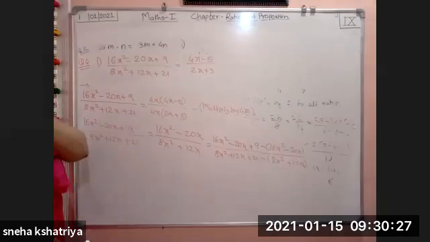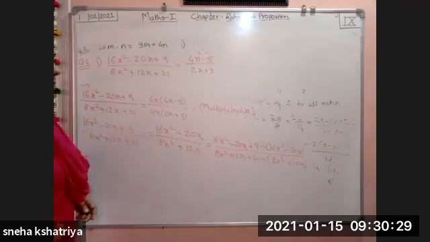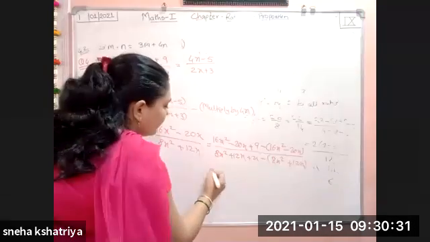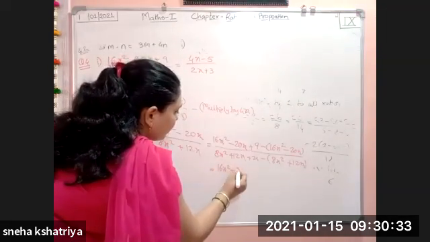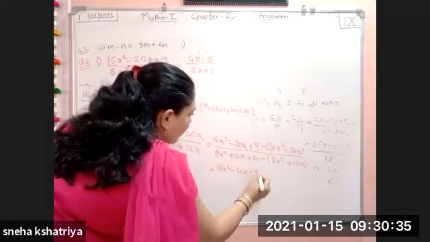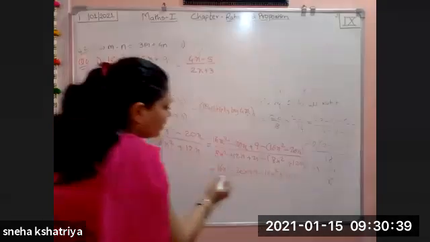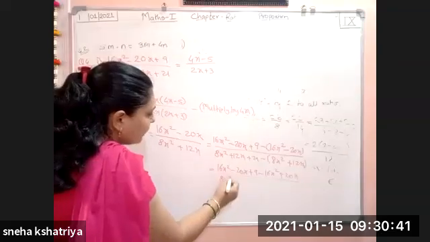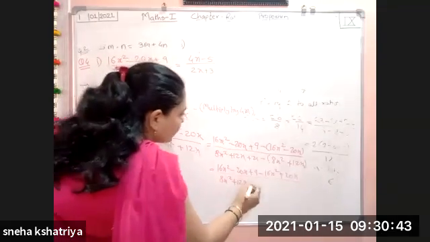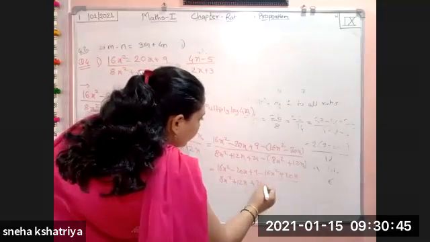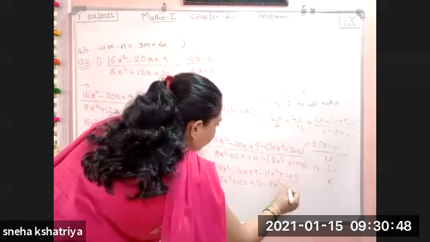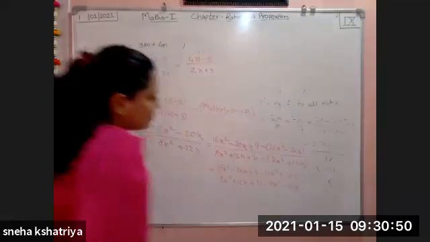Since there is a minus sign, the next term comes in the bracket. Now multiply the minus in the bracket. What you will get? 16x square minus 20x plus 9 minus 16x square plus 20x divided by 8x square plus 12x plus 21 minus 8x square minus 12x.